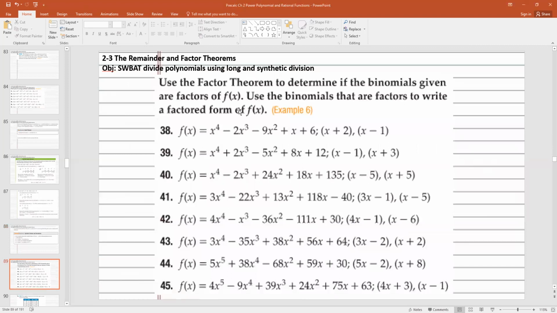And we're going to look at this one. I really wish I had done these beforehand. Okay, so use the factor theorem to determine if the binomials given are factors of f of x. Use the binomials that are factors to write a factored form of f of x.